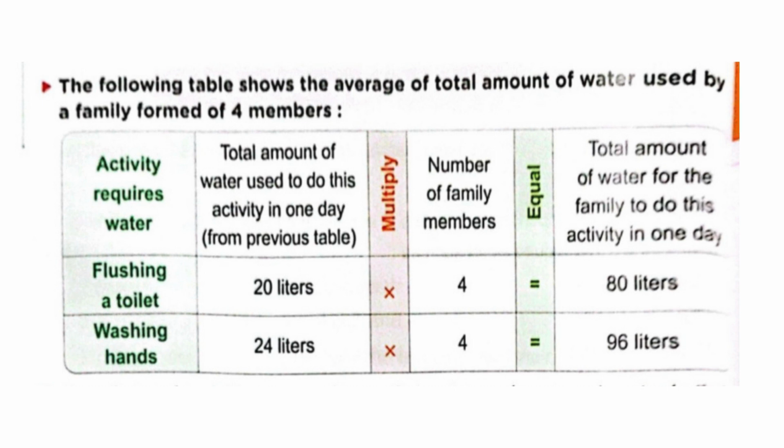If we do these calculations for a family containing 4 members, and they flush the toilet 20 times, and each time it consumes 4 liters, we consume 80 liters in the day, and also in washing hands. So from these numbers we know that we need to conserve our use of water.